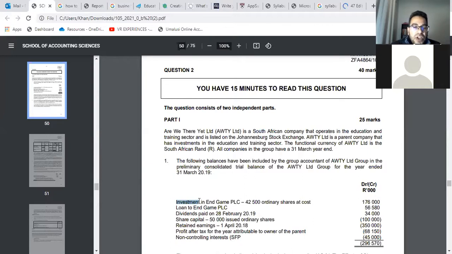Then we have profit after tax for the year, attributable to the owner. Very important: they could have just said profit for the year, but they're telling you it is profit attributable to the owner. And then we have non-controlling interest, which is in the statement of financial position.